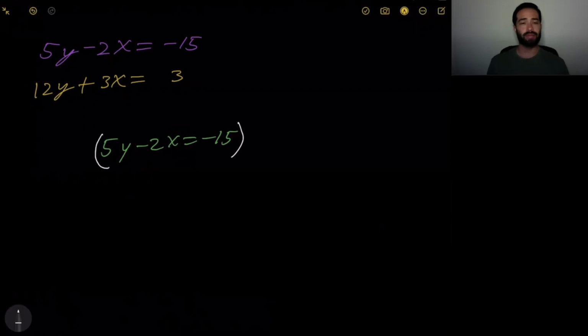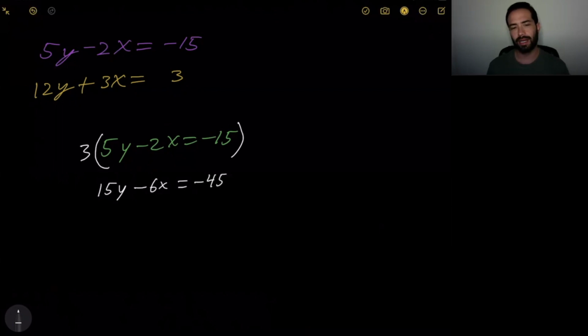Well, if I multiply the 2 by 3 and I multiply the 3 by 2, then they'll both be 6. Let's try that out. Multiply by 3. So I will get 15y minus 6x equals negative 45.